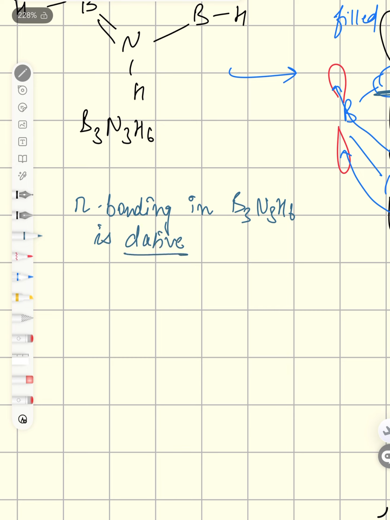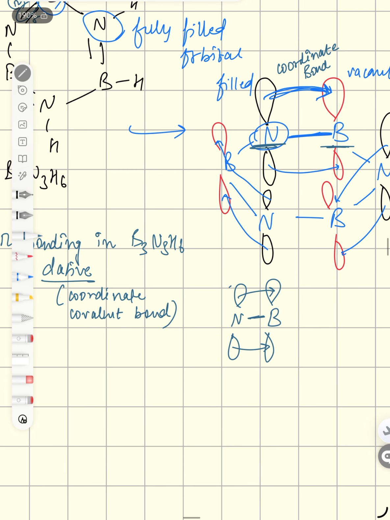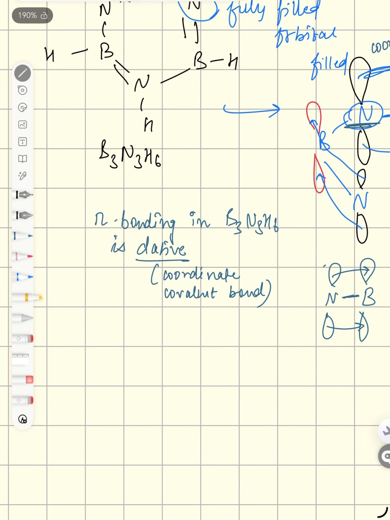Dative means it has a coordinate covalent bond. That means there was already the presence of a covalent bond between nitrogen and boron. The nitrogen further shares its electrons with the empty orbitals of boron, forming a coordinate bond, resulting in dative pi bonding.